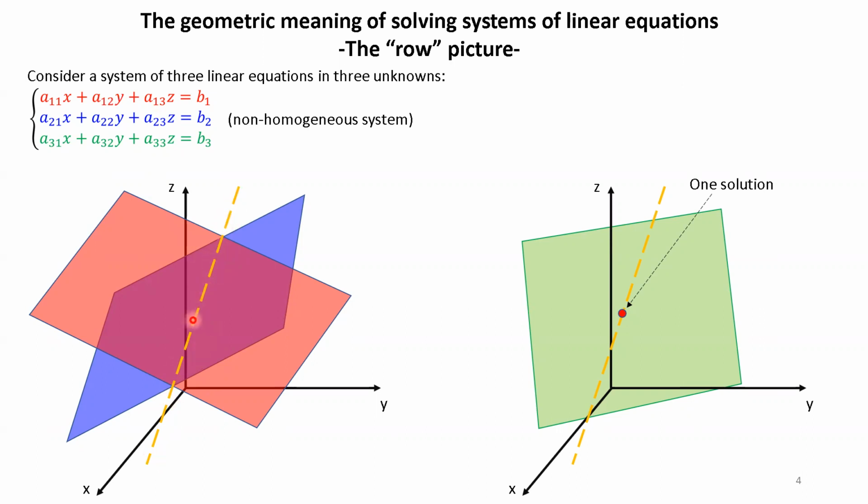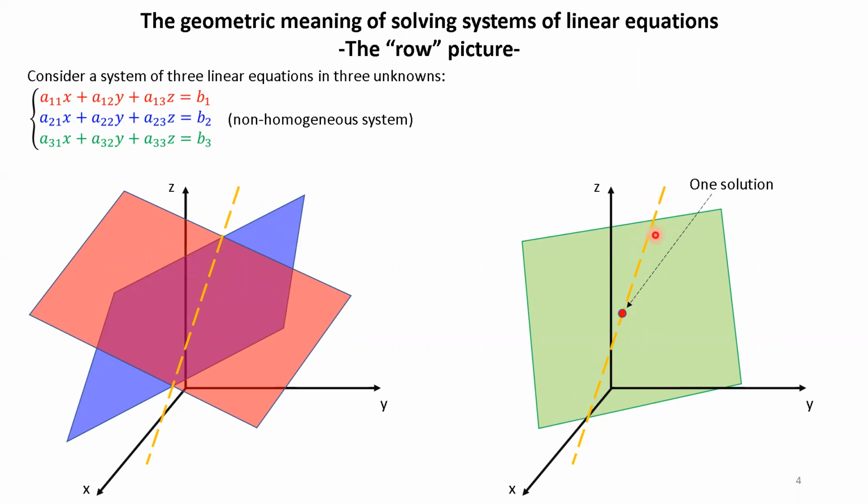But we are not done yet, because this line only represents the solution of the first two planes, and we also need to consider the third plane. The third plane is the green plane that I draw here. I also take the line from the first figure to this second figure.